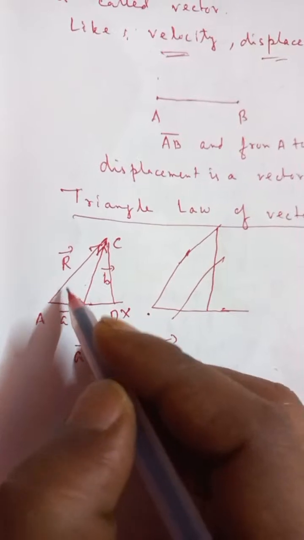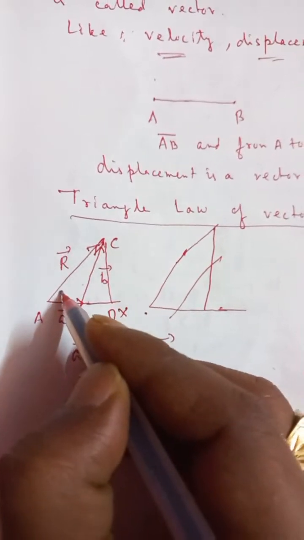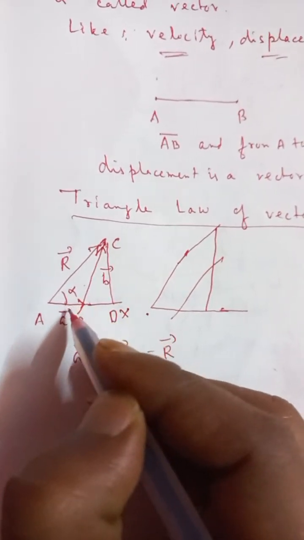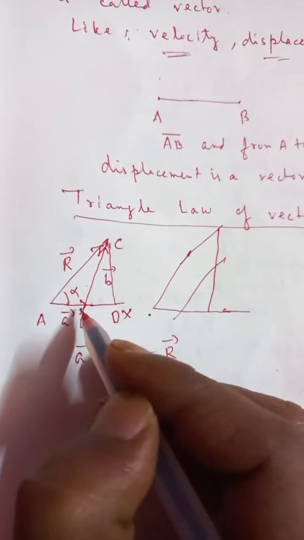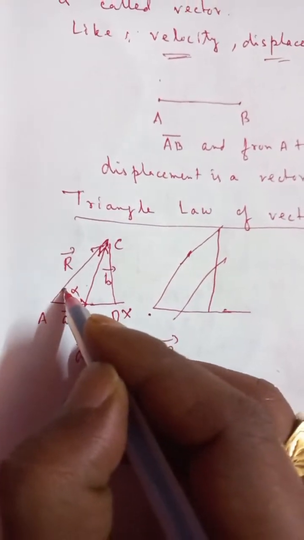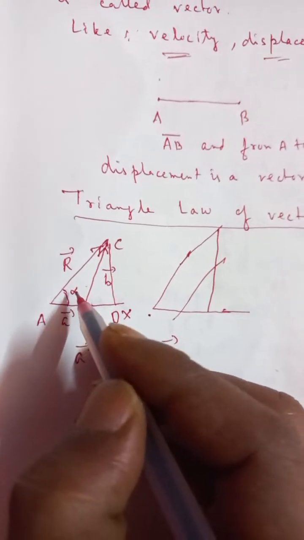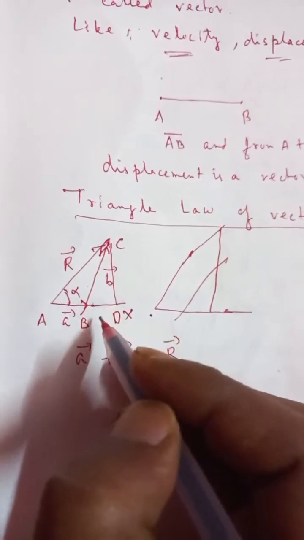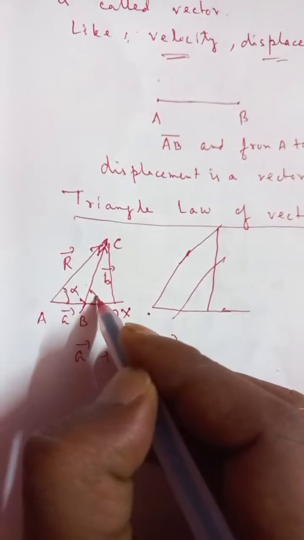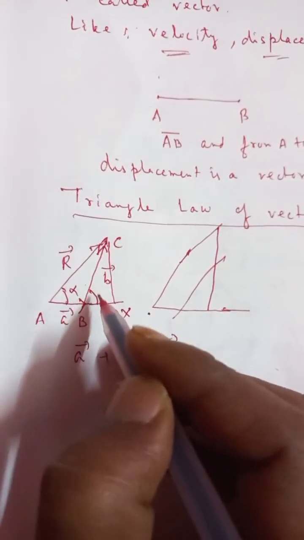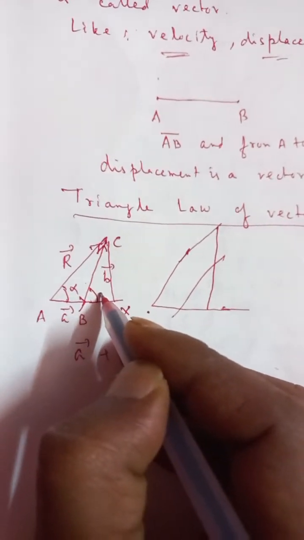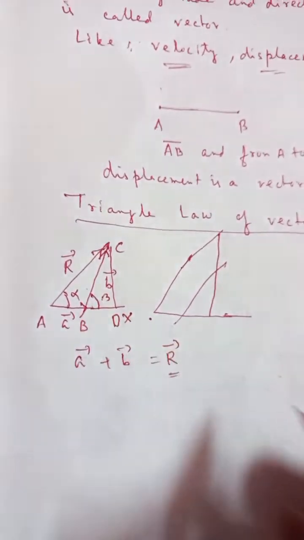Now we take that the resultant vector makes an angle alpha with the first vector AB or A vector. Here the angle between the A vector and B vector is beta.